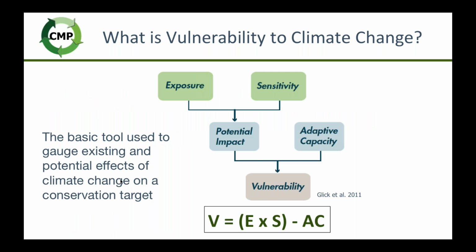Vulnerability is considered a function of exposure and sensitivity, which together are considered to be the potential impact of climate change on an ecosystem or species. And then adaptive capacity is added in there as something that could potentially reduce the potential impact of climate change.